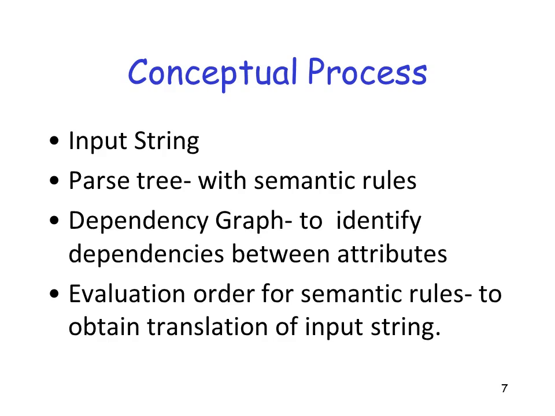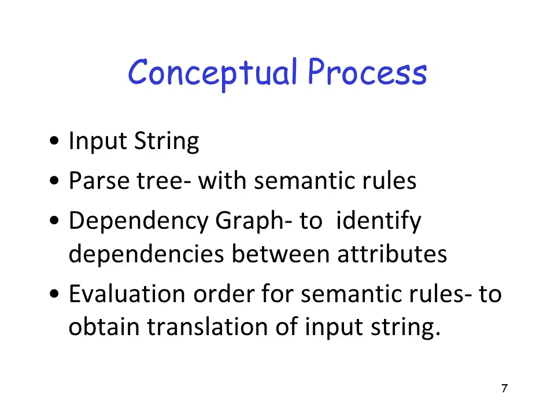So conceptually, the translation can be explained as: initially, a token will be given. Token means a string consisting of terminals. This string can be parsed to construct a parse tree. Then as a next step, a dependency graph is to be identified, because each node of the parse tree is associated with some attributes.